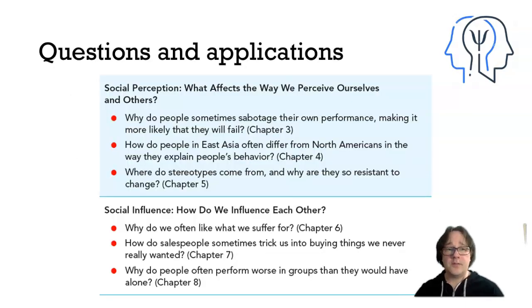Okay, so some questions and applications that social psychologists might be interested in. One deals with social perception. So social perception is all about what affects the way we perceive ourselves and perceive others. So a social psychologist might be interested in, why do people sometimes sabotage their own performance, making it more likely that they will fail?